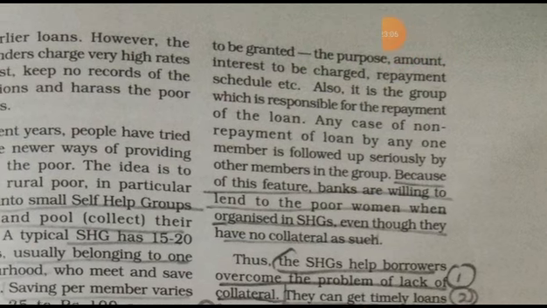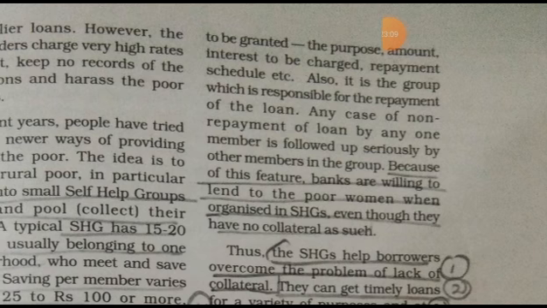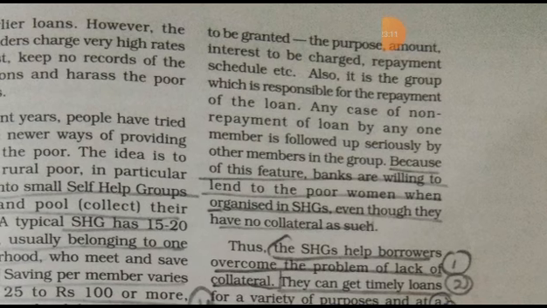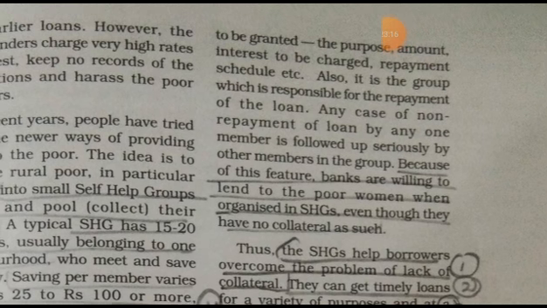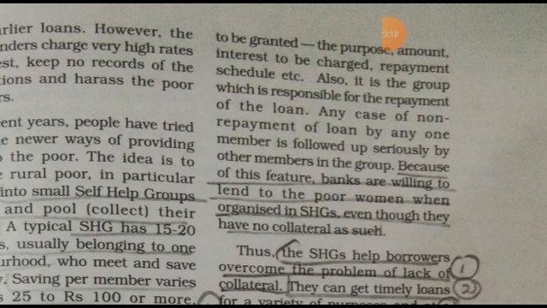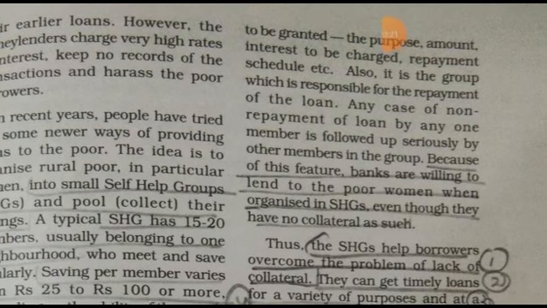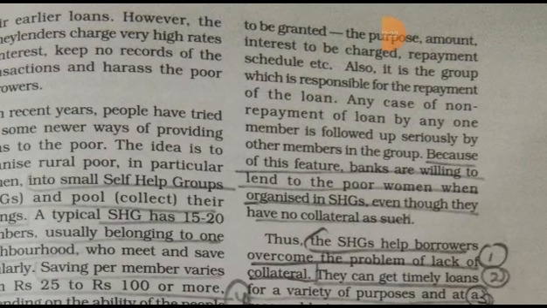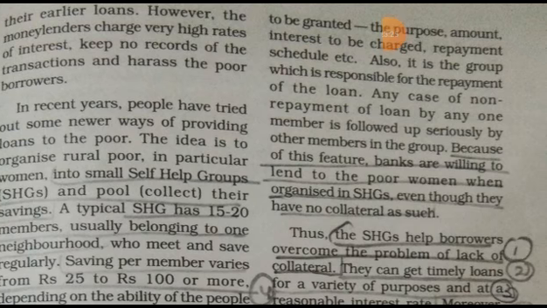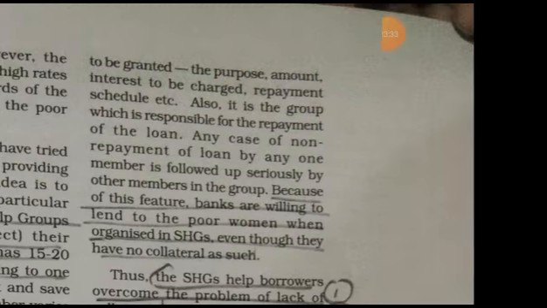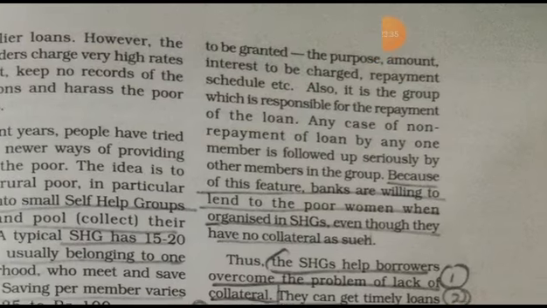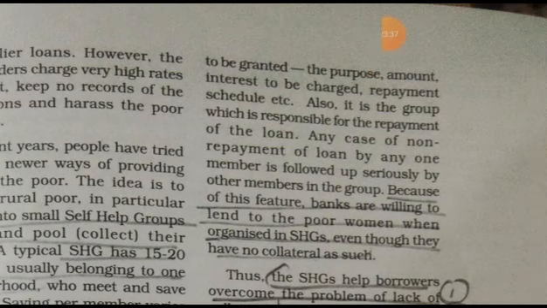Any case of non-repayment of a loan by any one member is followed up seriously by the other members in the group. Because of this, banks are willing to lend to poor women when organized in SHGs, even though they have no collateral. If poor people go to the bank without collateral, they don't get the loan.